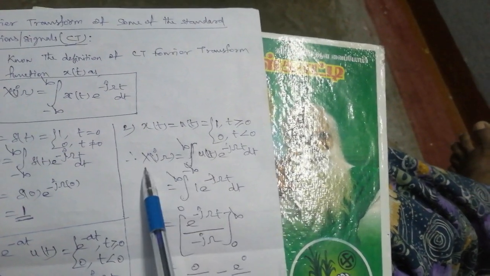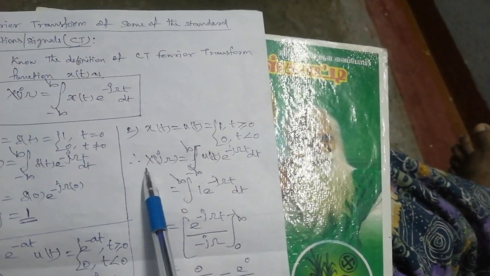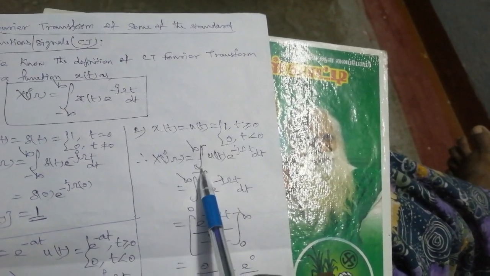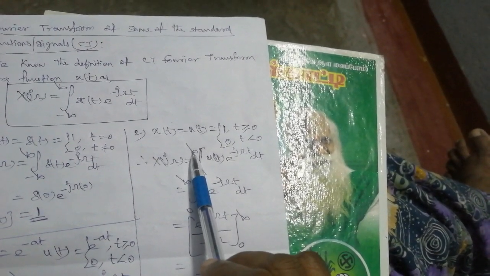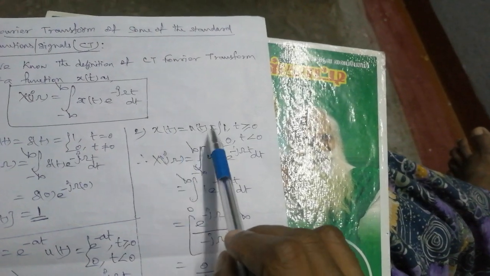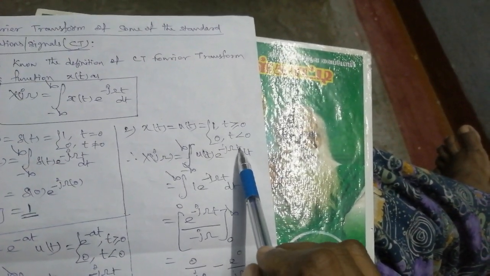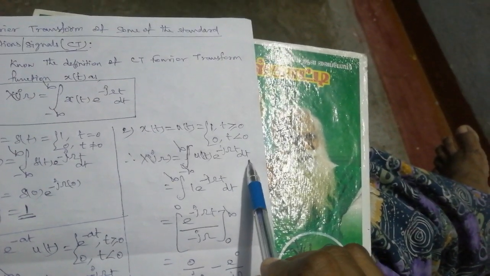Now, if we find its Fourier transform, it is capital X of j omega, which is the integral from minus infinity to plus infinity. X of t is to be substituted as u of t here into e power minus j omega t into dt.